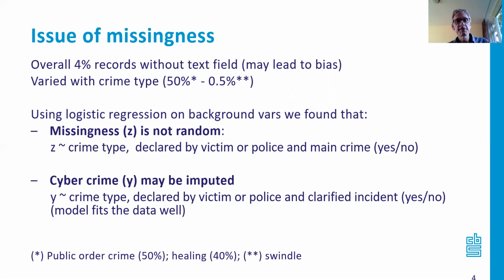We used a logistic regression on a number of background variables that can be found in the register. And we found that the missingness was related to crime type, whether the incident is declared by the victim or by the police, and whether it concerns a main crime or not.